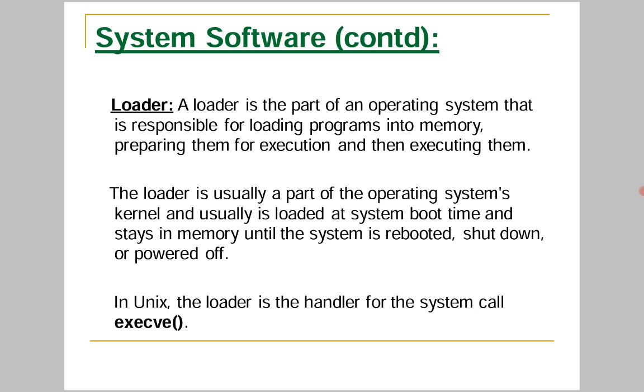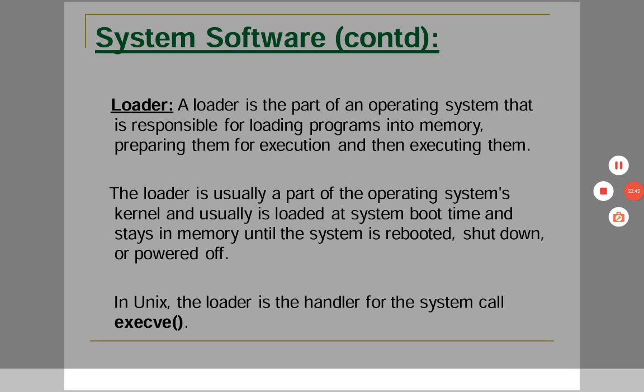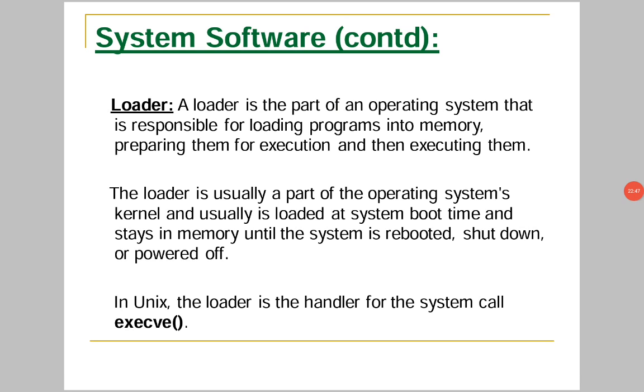What are high level languages? High level languages are programming languages which are used to write any type of application or program, like commercial applications and commercial programs for various purposes. What are the examples of high level languages? C, C++, Java, Pascal, Fortran, all these things.